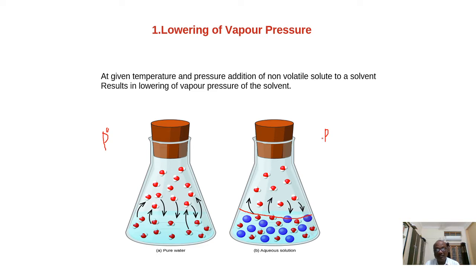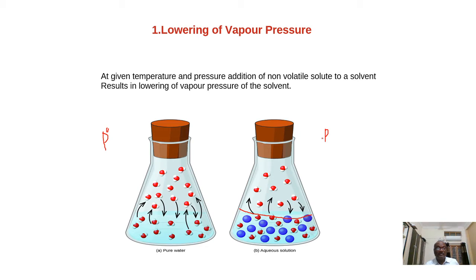So what is the amount of lowering of vapor pressure here? P naught minus P. The difference between the vapor pressure of a pure solvent and the vapor pressure of the solution at a given temperature is called lowering of vapor pressure. That is the meaning of lowering of vapor pressure. Why does the vapor pressure decrease? Due to a decrease in the rate of evaporation in the case of the solution.